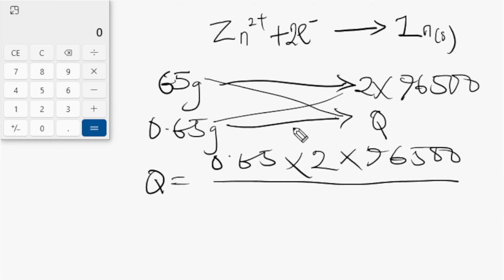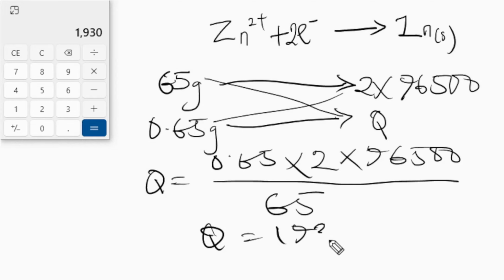So this will be over 65. So 0.65 times 2 times 96,500 will be this. So when we divide it by 65, we're going to have 1,930. So Q is going to be 1,930. So let's go ahead and wipe these other parts.